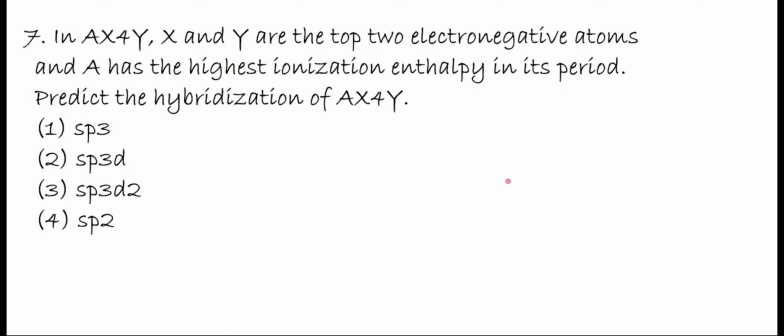Then in AX4Y, X and Y are the top 2 electronegative atoms, and A has the highest ionization enthalpy in its period. Predict the hybridization of AX4Y. The highest ionization enthalpy in a period is obviously that of the inert gases, right?